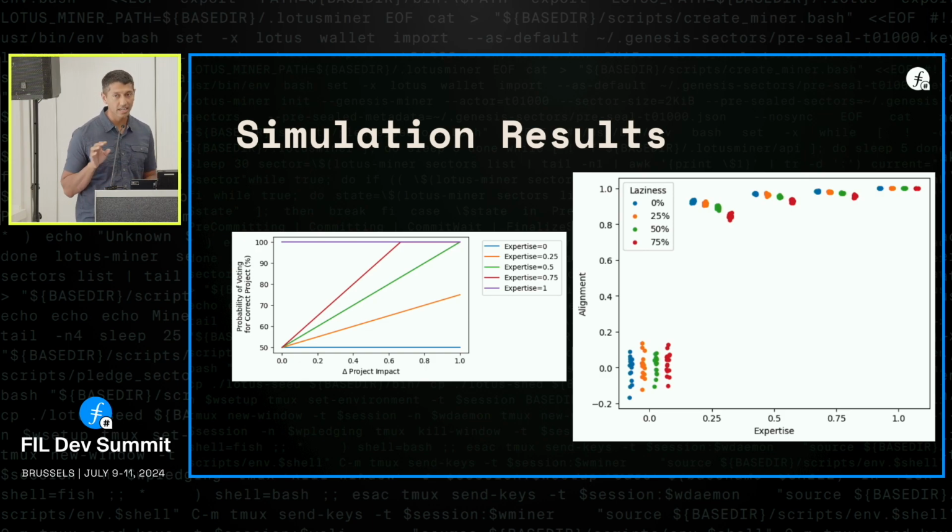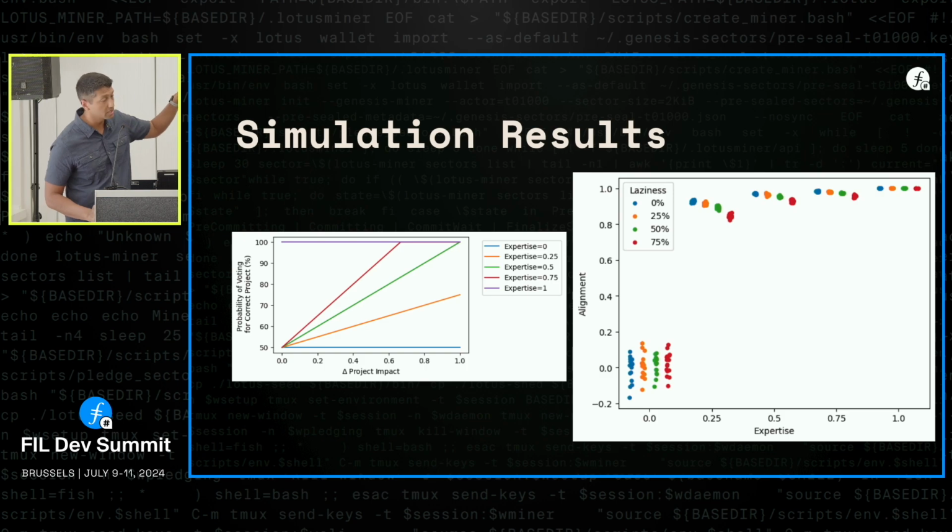So there are actually 2 dimensions that you need to model a badge holder's behavior on. And that's what this graph on the left is showing. As the delta in the project impact goes from 0 to 1, the probability of making a correct decision increases. How that scales also depends on the expertise of the badge holder, which is why there are different lines here.